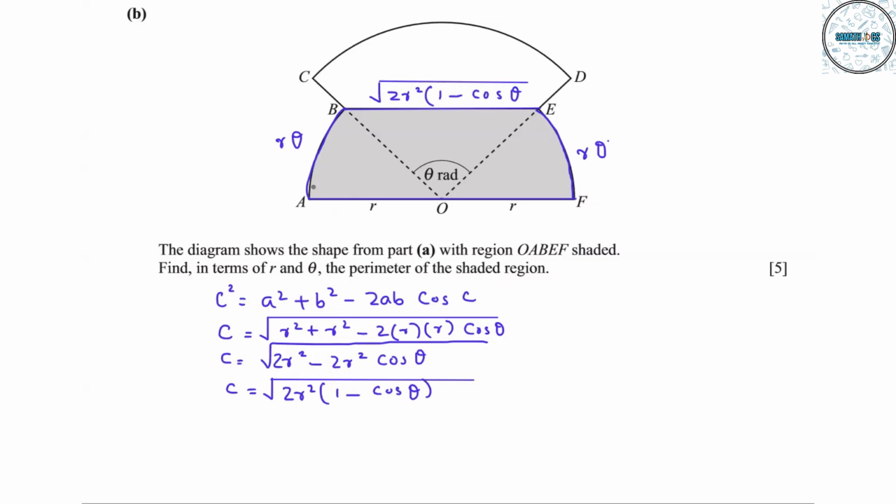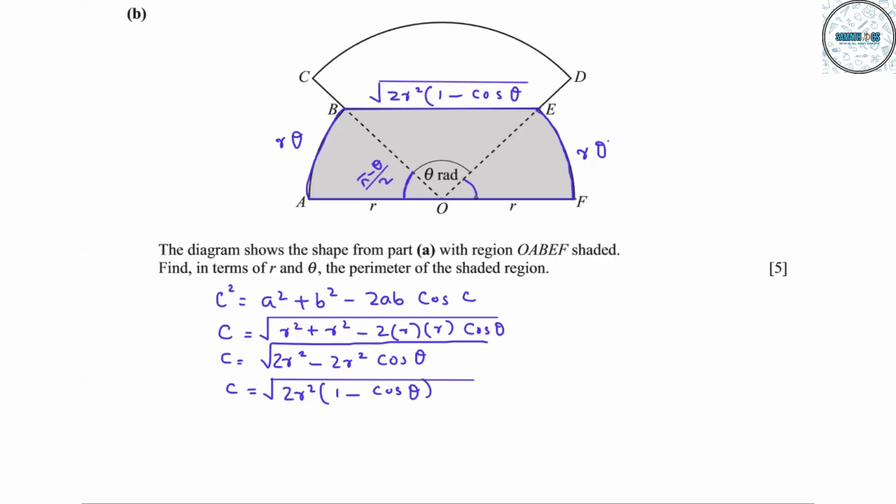Now we have to find out the length of these arcs. For this, we require the angle. So this is pi minus theta divided by 2.